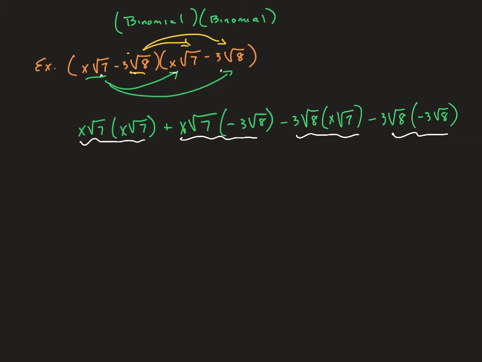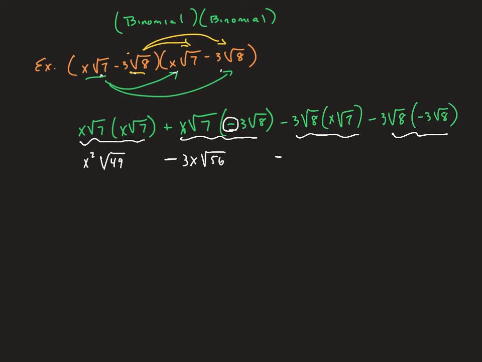And as I do this, let me just go ahead and say that I have x squared times the square root of 49. I have negative, right? That's over here, negative 3x square root of 56.